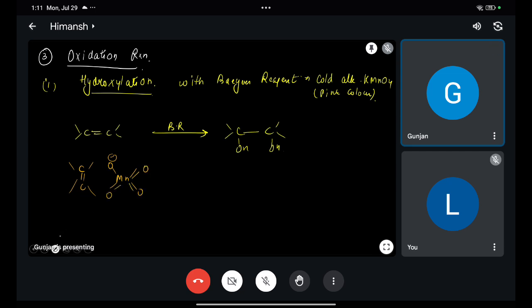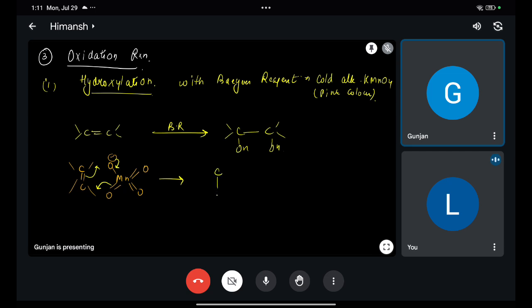So a bond is forming between carbon and oxygen here, and another bond between oxygen and carbon here.